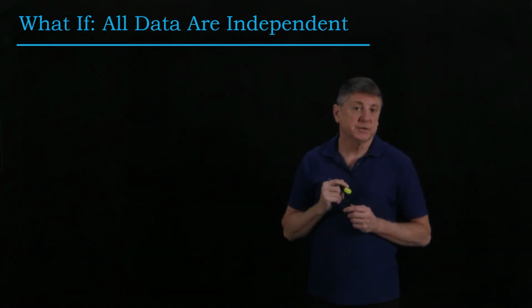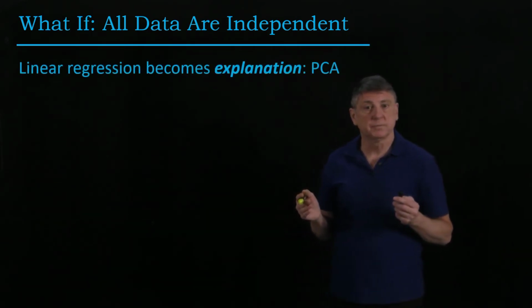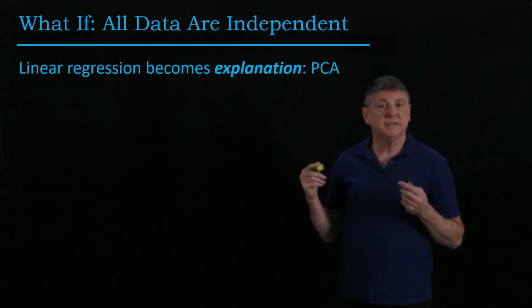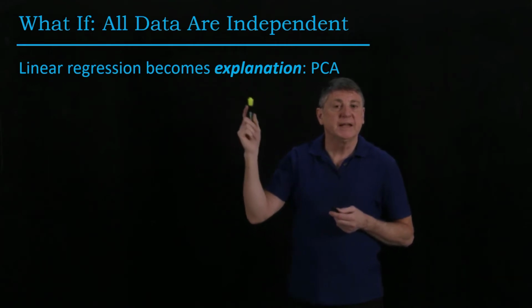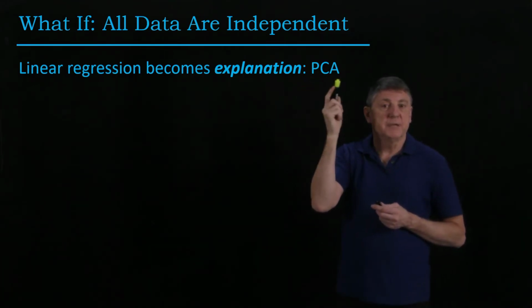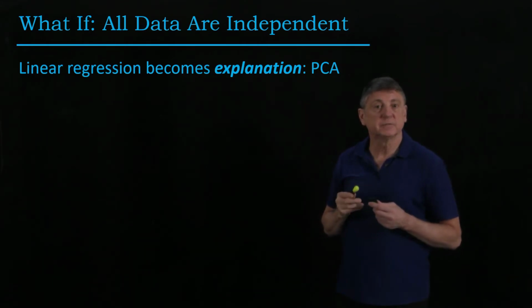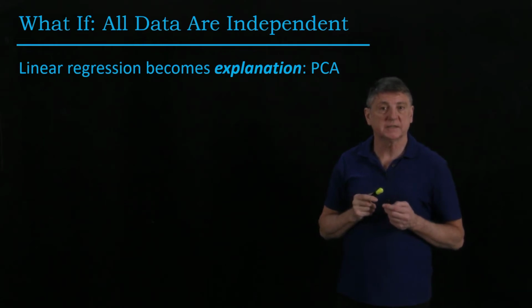That is a change of assumption. And when we have a change of assumption, we need a change of our model. So in that case, it turns out that what we perceive as linear regression instead becomes explanation. And the explanation in the context of linear data analysis is PCA, or principal components analysis.